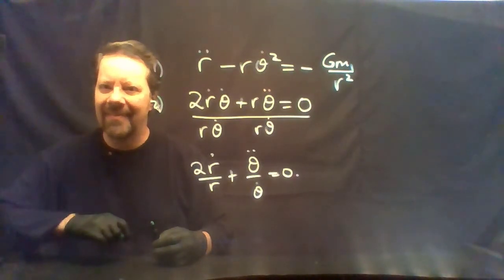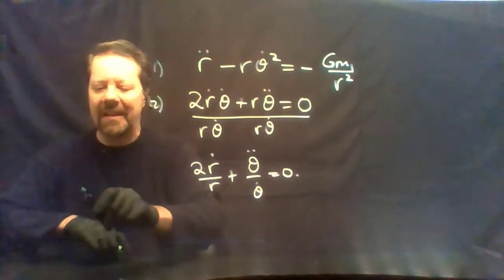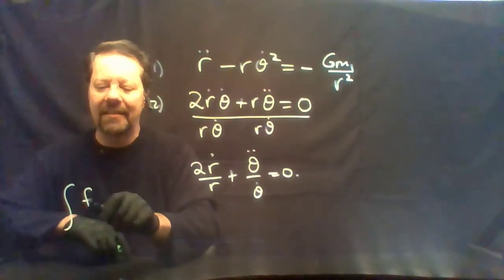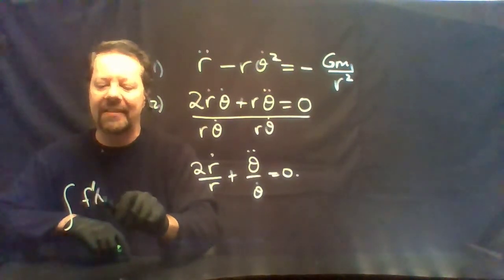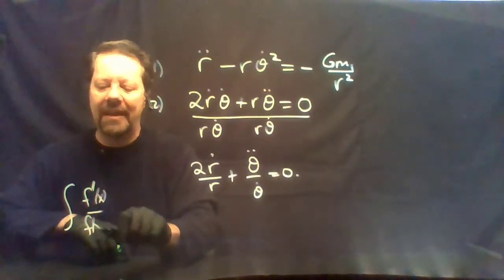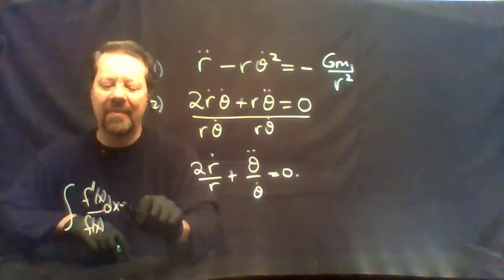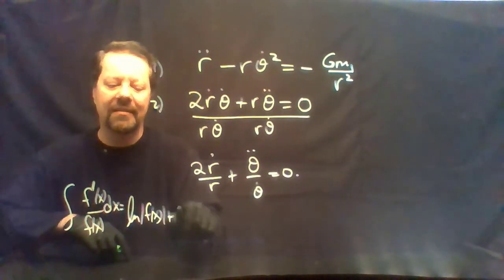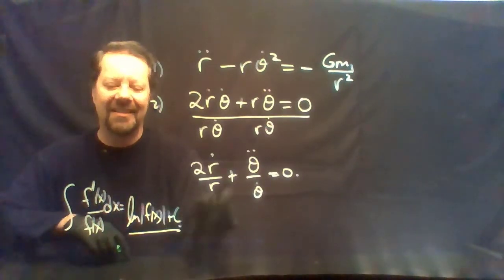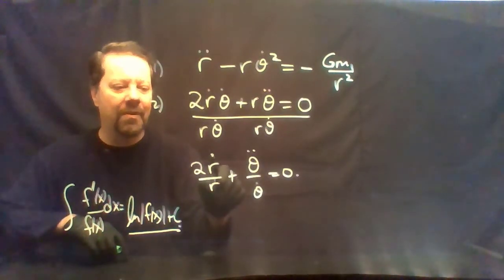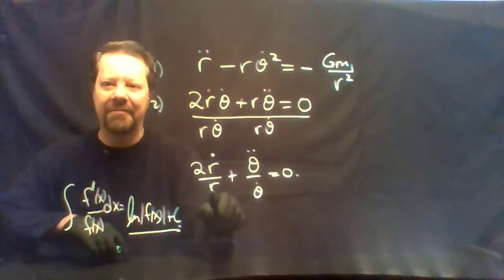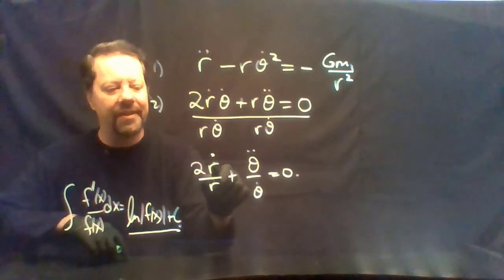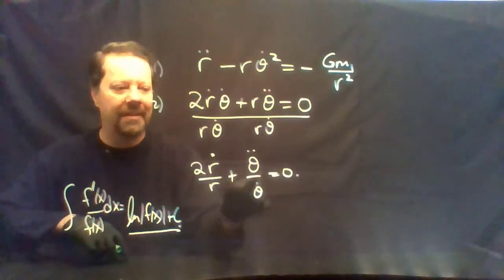Do you remember that anytime we integrate f prime of x over f of x, we get log absolute value of f of x plus a constant? These are both in the form f prime over f. We have the derivative on the top of what is on the bottom.